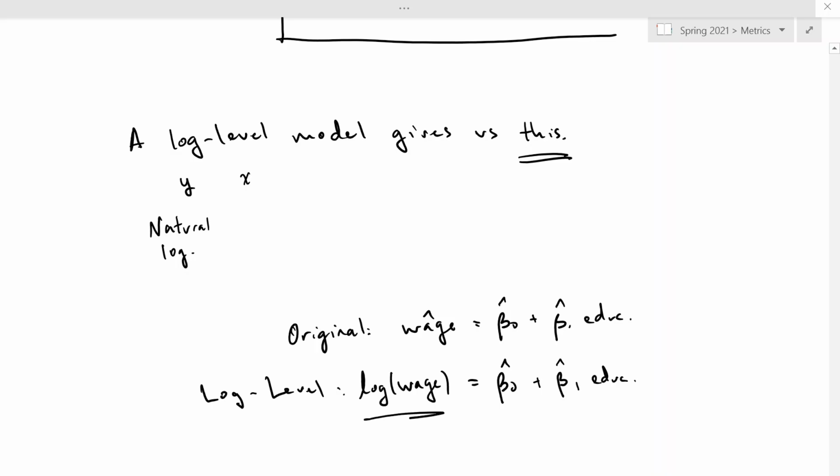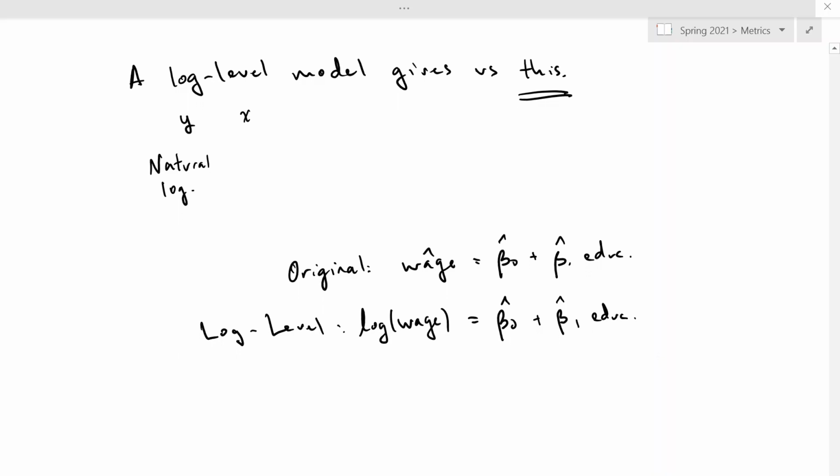So we have log on the y side, level on the other side. In the next video we'll talk about log-log, where we would just do log of education and log of wage. That would be log-log. This is log level because this is measured as normal.